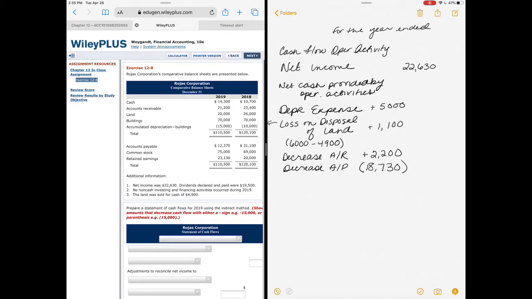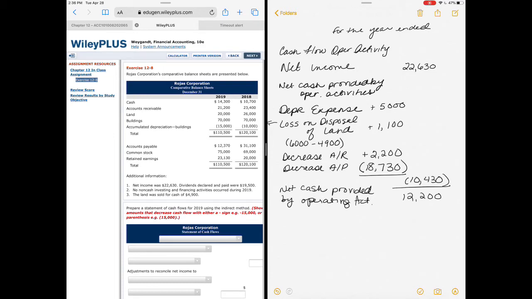And that difference there is $18,730. If I total this all up, it's going to give me a total decrease of $10,430. Which then tells me my net cash provided by, because it's positive, provided by the operating activities is going to be the difference between my net income and these adjustments I'm making to bring it down to cash, which is $12,200.